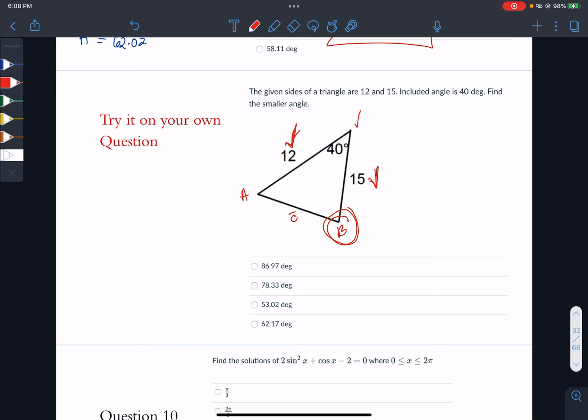So to get angle B, let's first get side C. Our formula for side C: C squared is equal to A squared plus B squared minus 2AB cosine C.